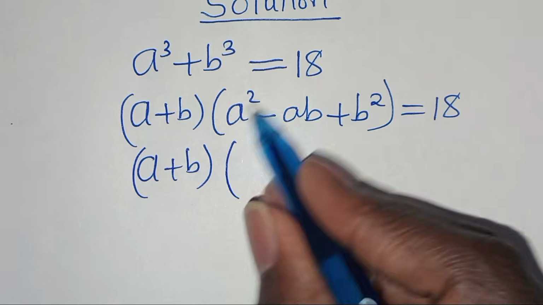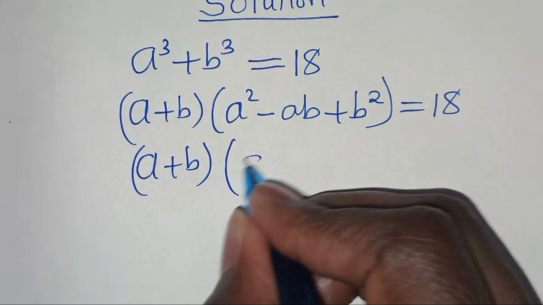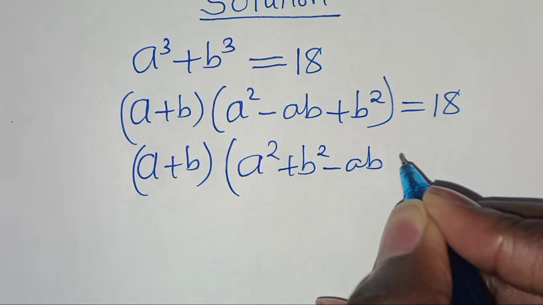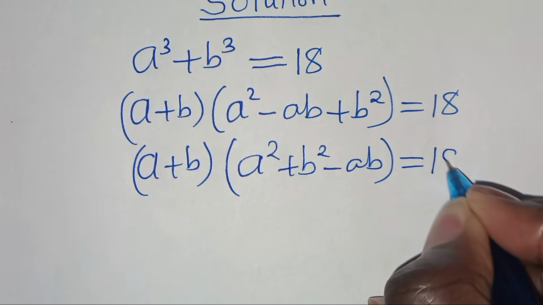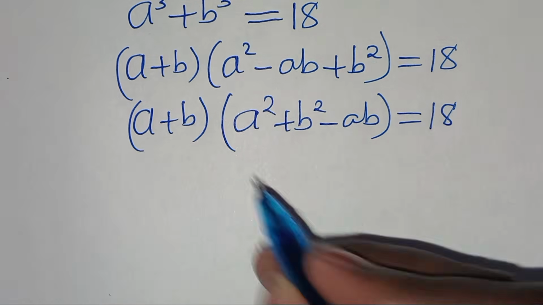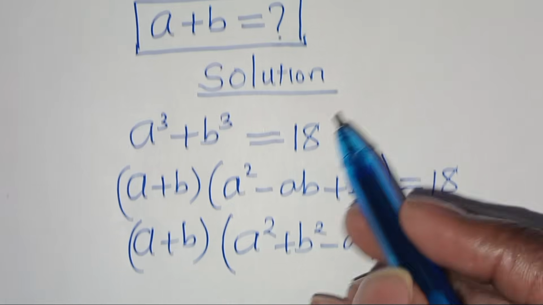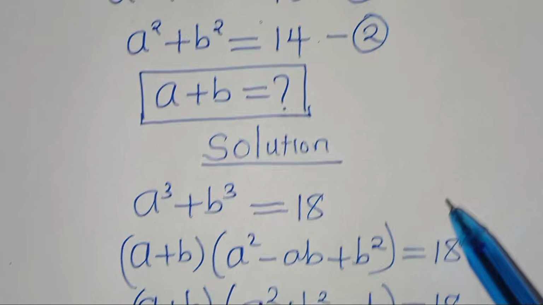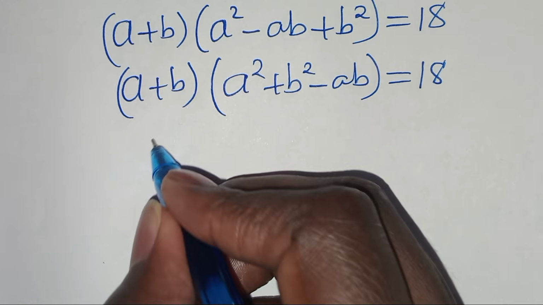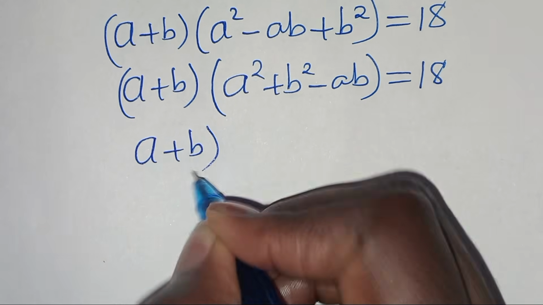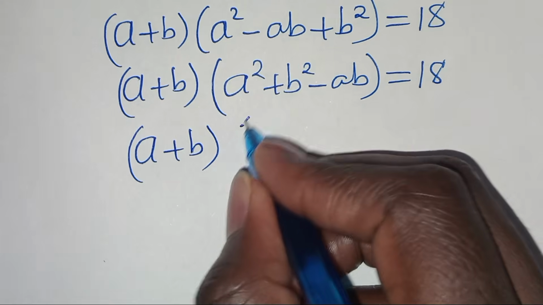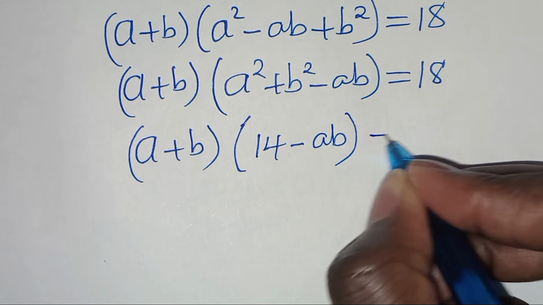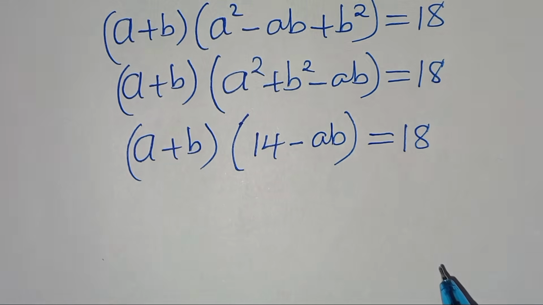We can express a squared minus ab plus b squared as a squared plus b squared minus ab, close the parenthesis. This is equal to 18. A squared plus b squared, this is equation 2, which is equal to 14. So let's substitute 14 here. So we have a plus b multiplied by 14 minus ab. This is equal to 18.